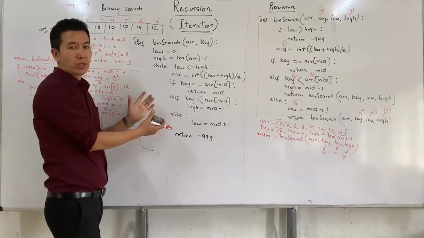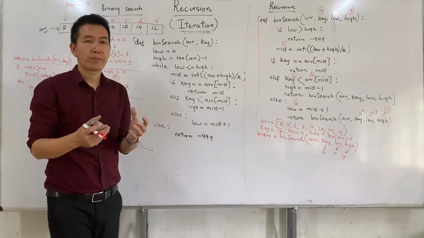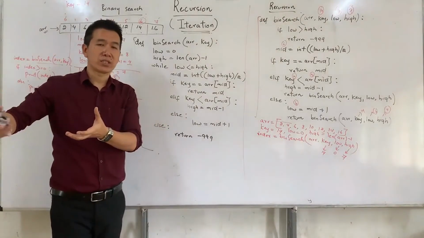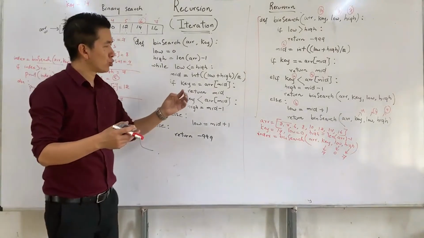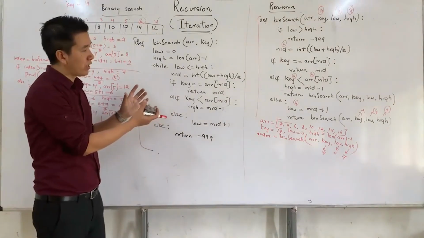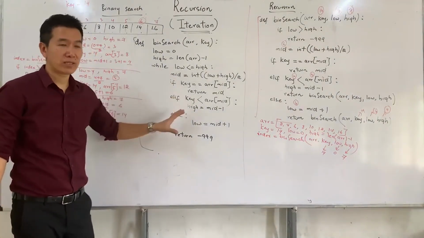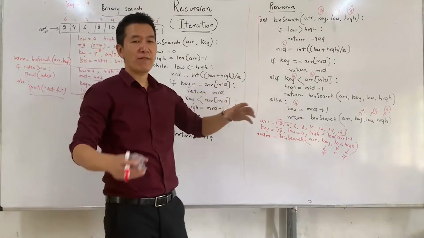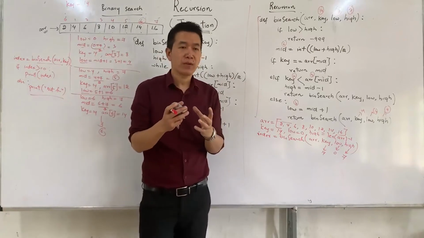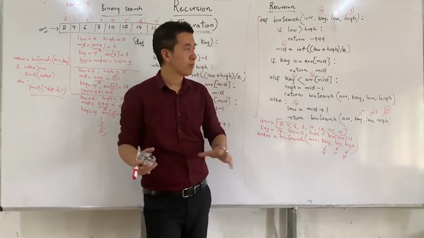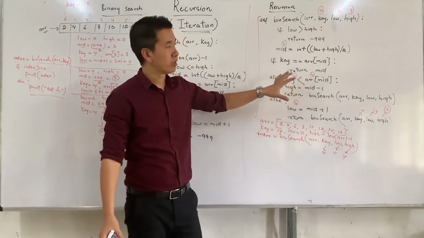So if you want to have a clear understanding of the technicalities of the program, you should always go for the iteration method. If you want a simplified version of the iteration program, it's best to go for recursion.